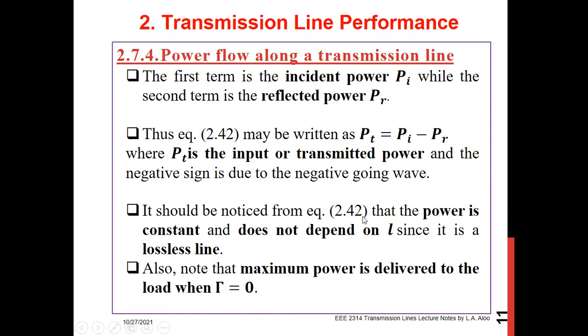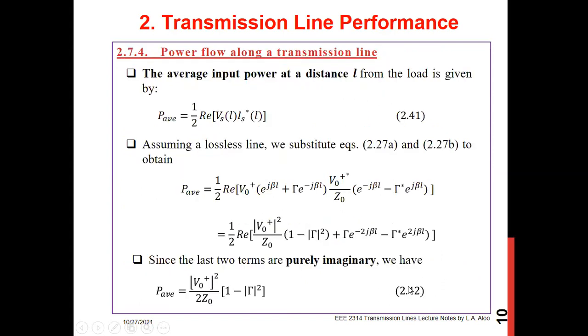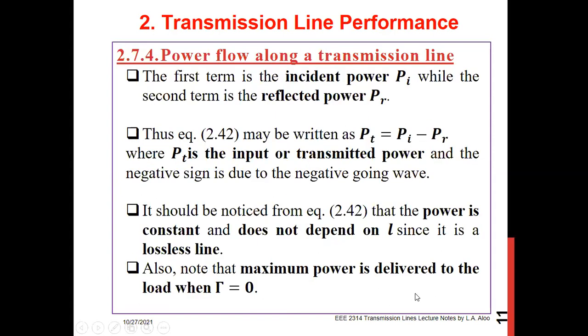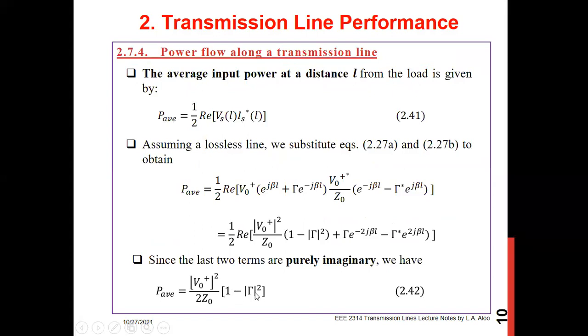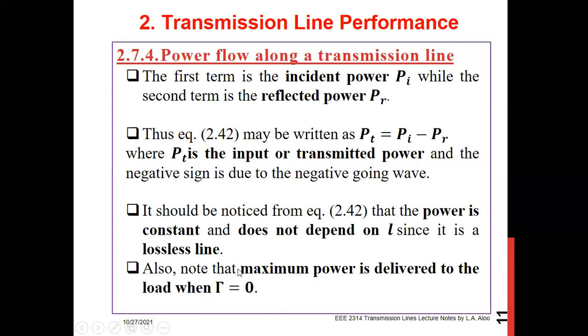Let us also notice from this same equation 2.42 that the power remains constant, and as we can see here, it is not affected by the length. You see L has disappeared, so it is not a function of length. So the average power in a transmission line is independent of length.